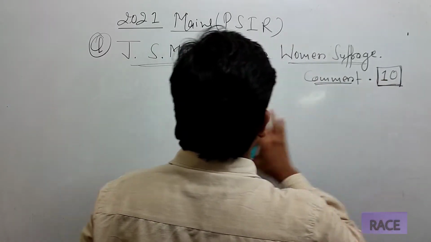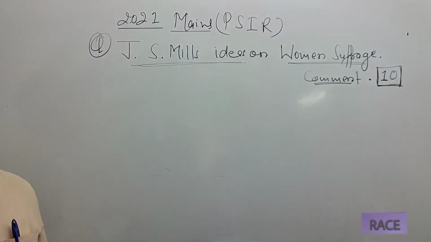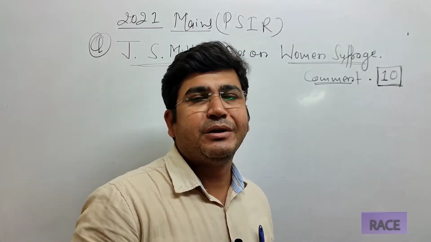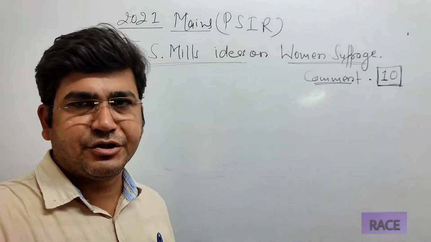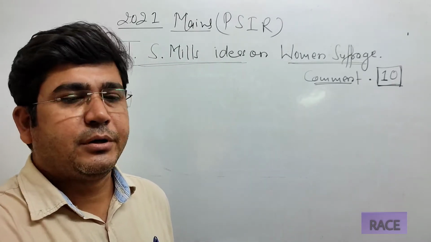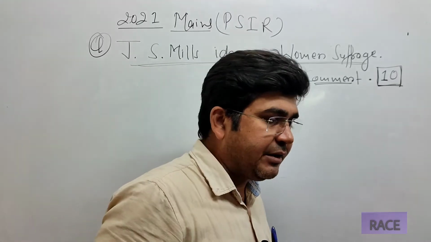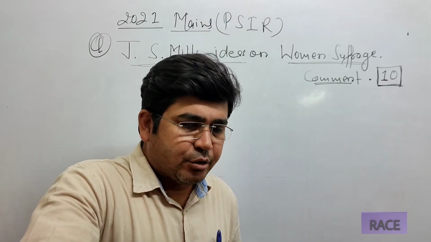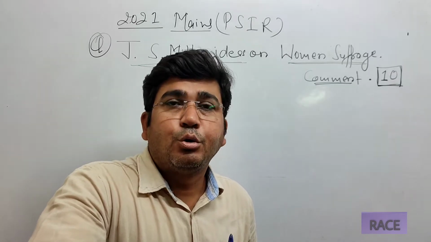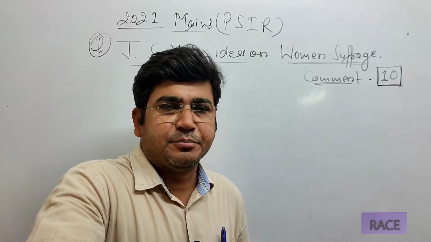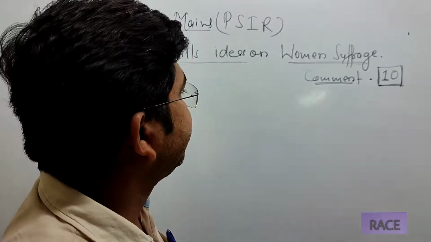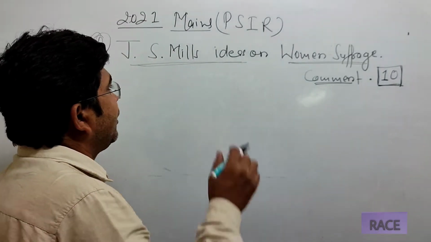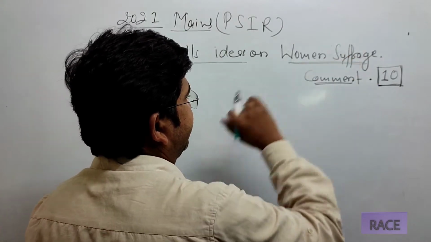So, 3 parts. Now we all know that J.S. Mill was a prominent liberal thinker of the 19th century. He was in England, and his writings influenced the idea of liberalism. He is a contributor towards the growth of positive liberalism, and the foundation of the welfare state, etc. Now his ideas on women's suffrage.